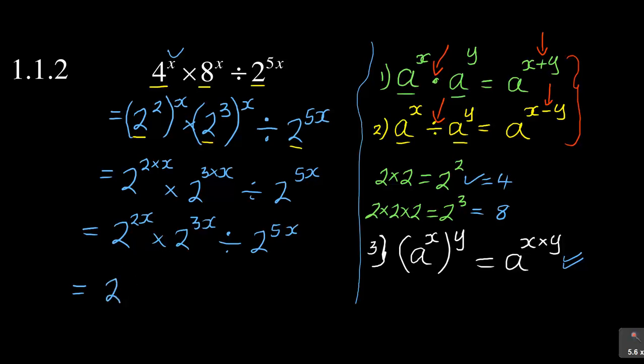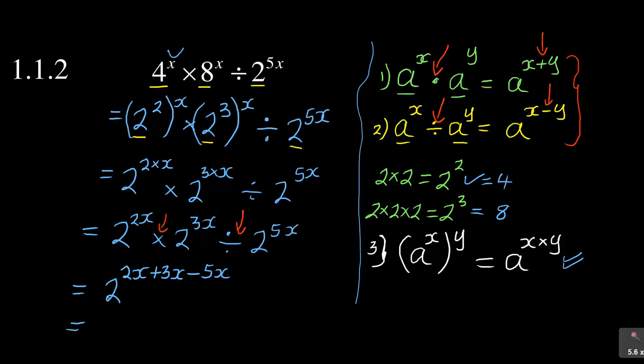There is a multiplication sign in the first one, so I'm going to add the exponents, which is 2x plus 3x. And then the next is a division sign, means I'm going to subtract the exponent, which is minus 5x. You can write it as a single item like that.